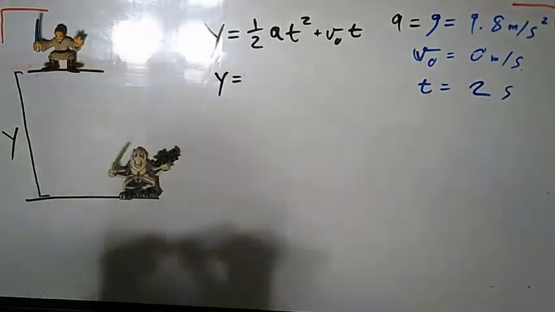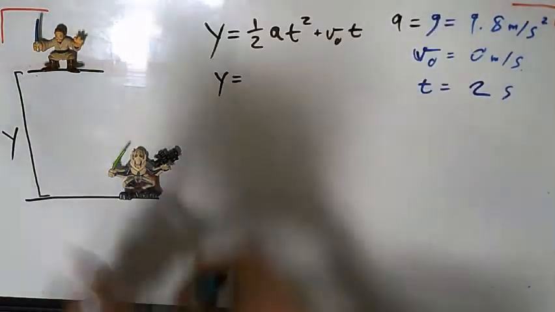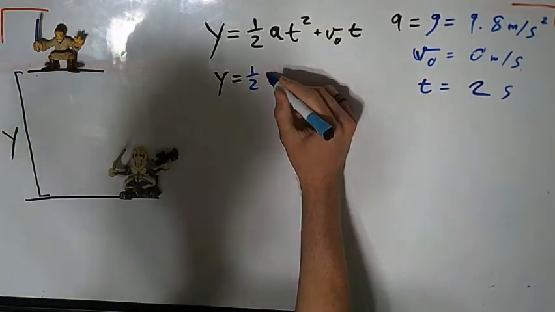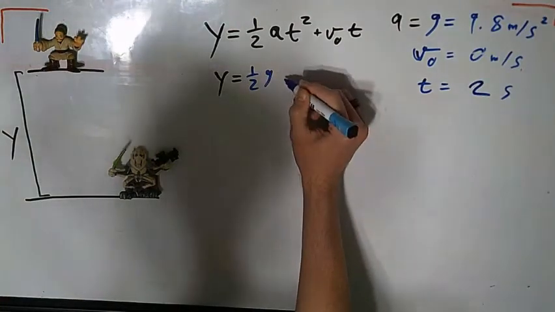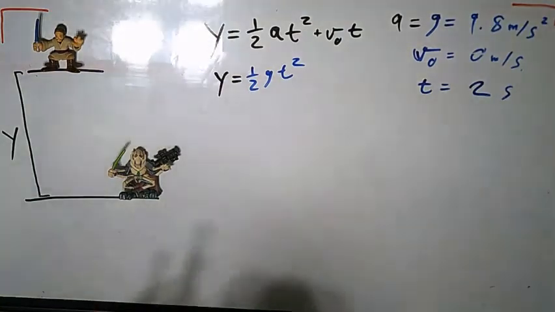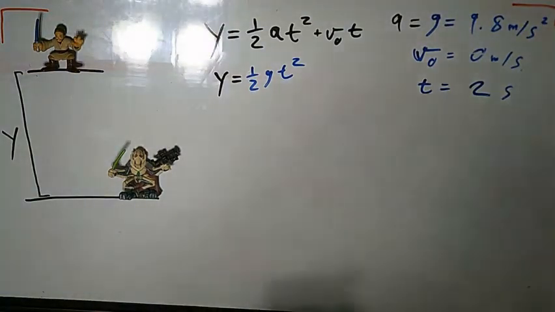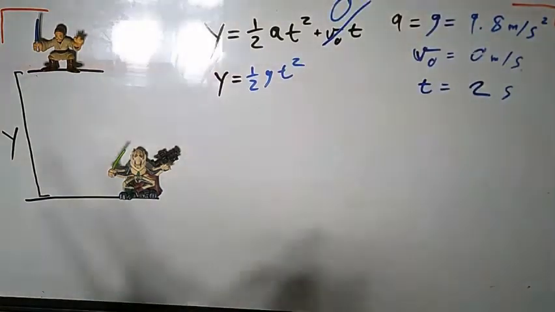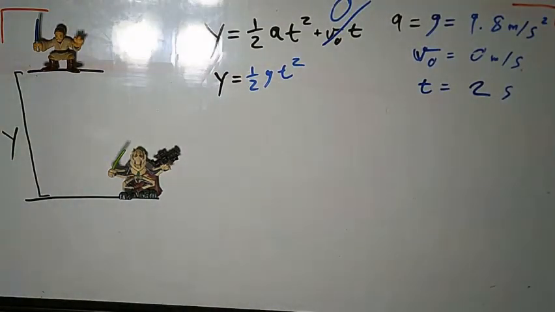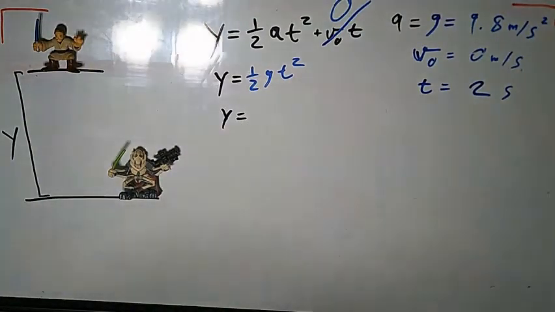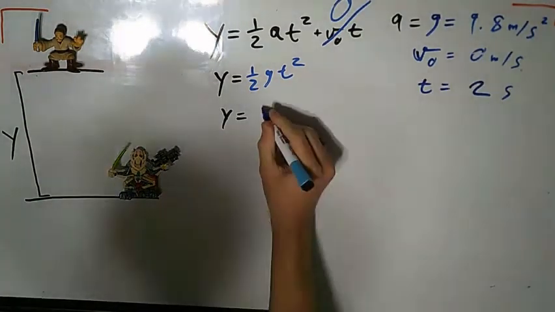So we can go y equals 1/2 g times time squared. And since our initial velocity is 0, that means our other term cancels out to 0 as well. So y equals 1/2 gravity times time squared.